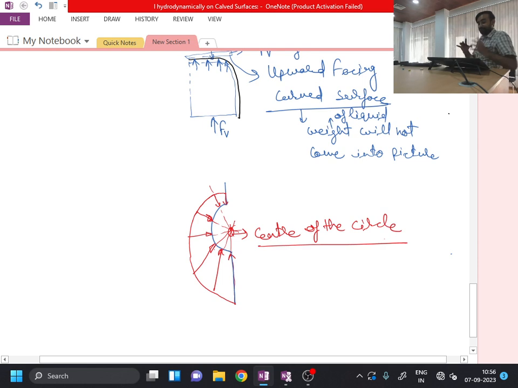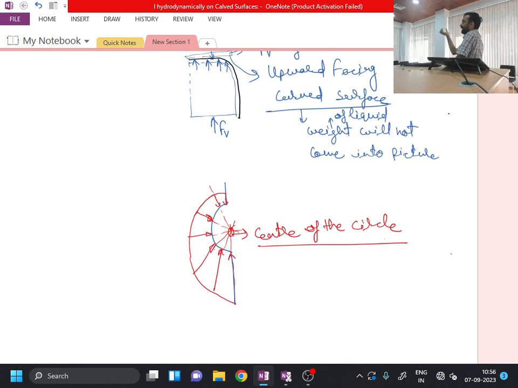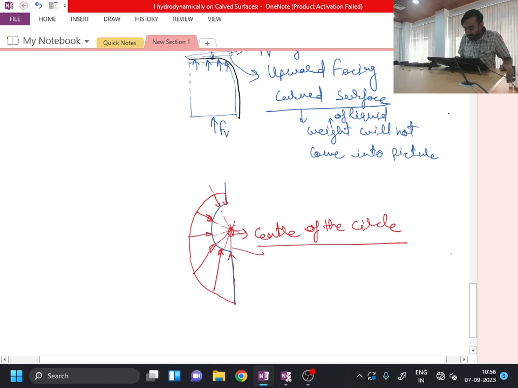So whatever forces act because of this pressure distribution on an arc forming part of a circle, or a semicircular surface, all these forces are concurrent in nature, because they are passing through the same point.